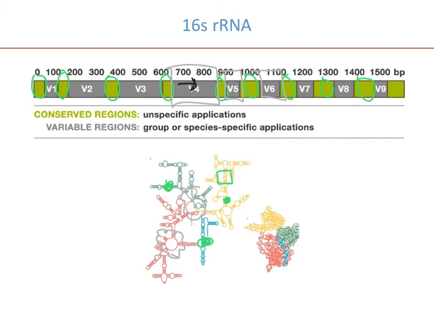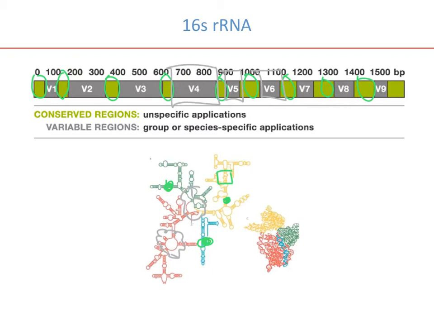Would it amplify everything from my soil sample? No, it wouldn't, because this is variable. So this primer would match the region from some species, but not from other species. So we wouldn't get amplification from all of the species in our sample.